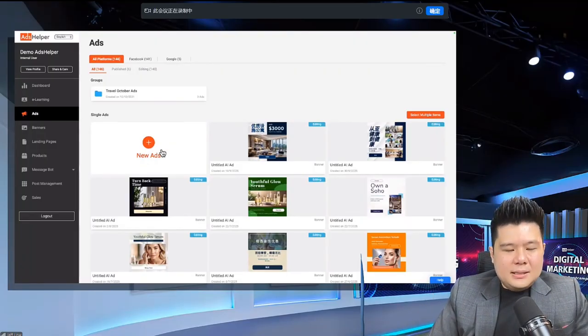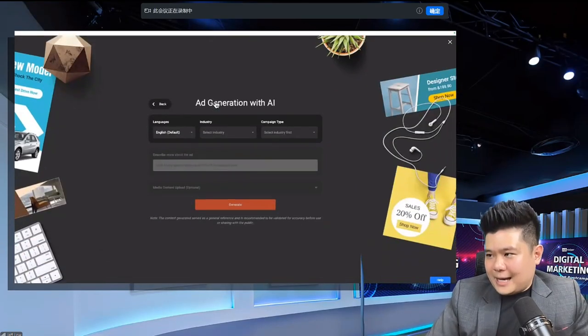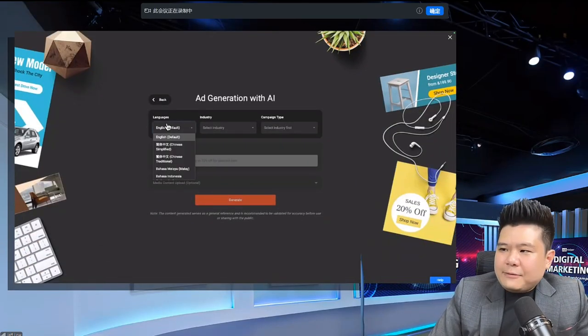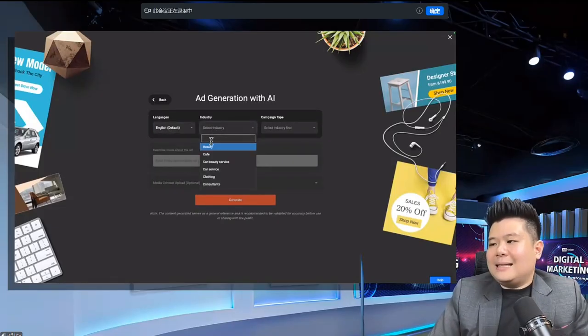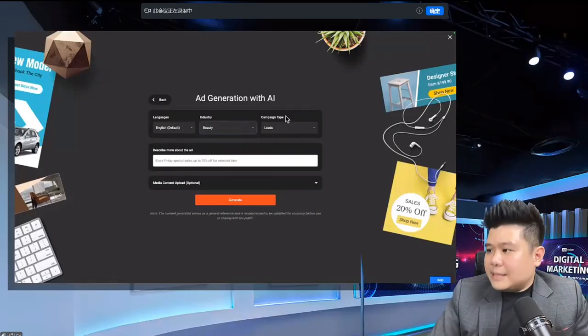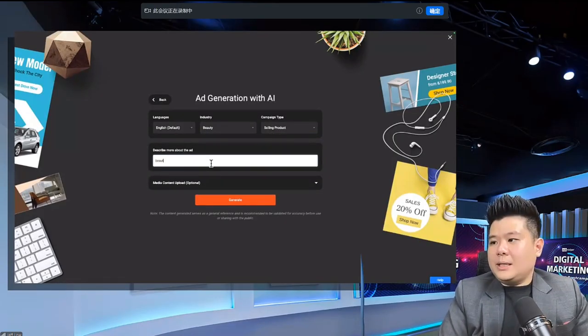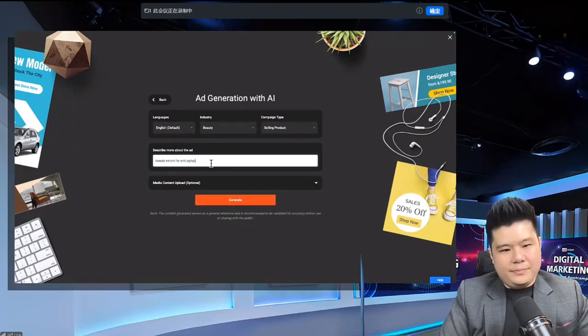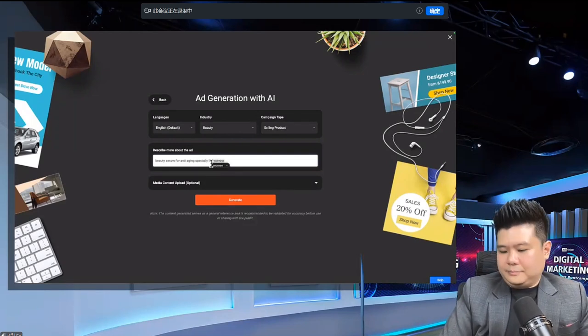So you want to create a banner? Just go ahead and click new ads and generate with AI. Whatever language you want, here we have multiple languages, and let's go with English. Let's say I'm selling a product, beauty serum, beauty serum for anti-aging, especially for women.